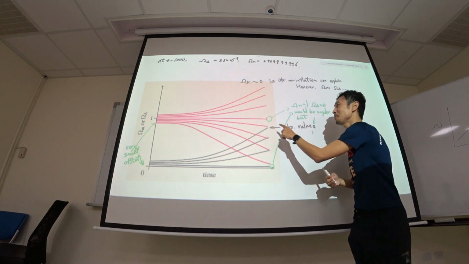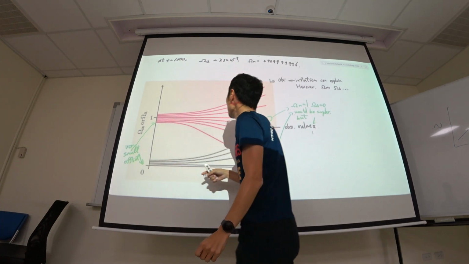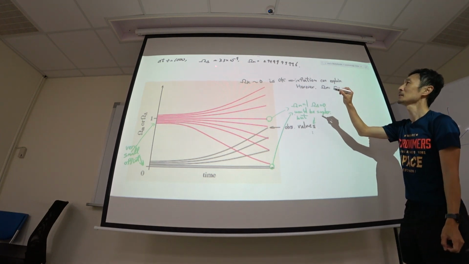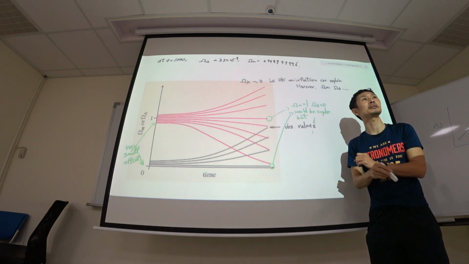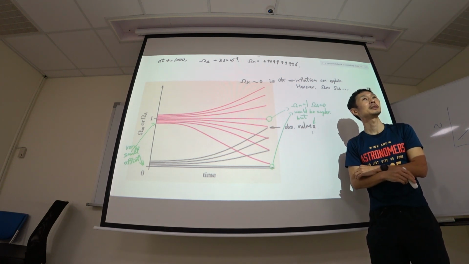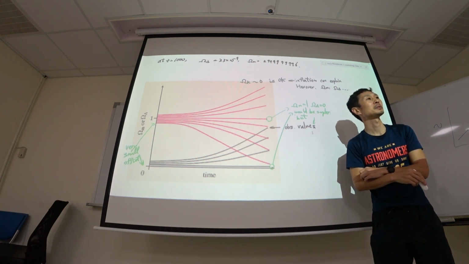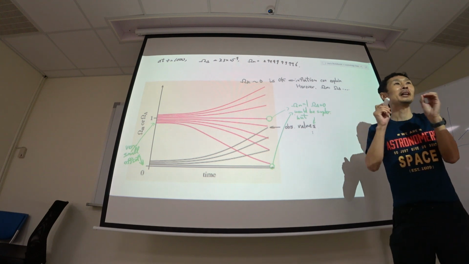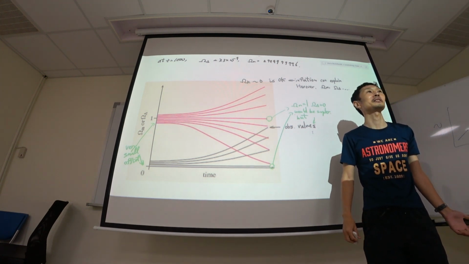But to make that happen, very fine tuning is needed in the very early universe. And we don't know why it happened. Isn't it more natural to have 1 instead of 0.99996?